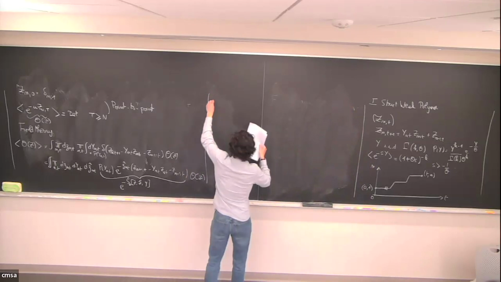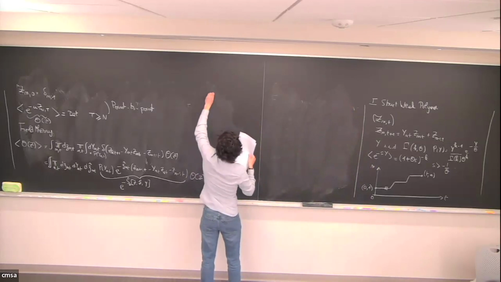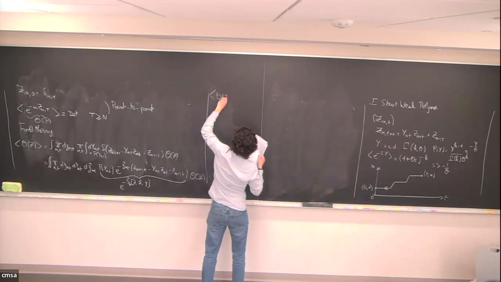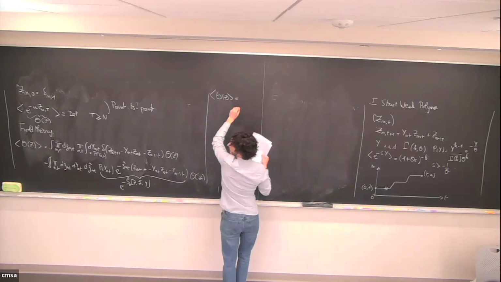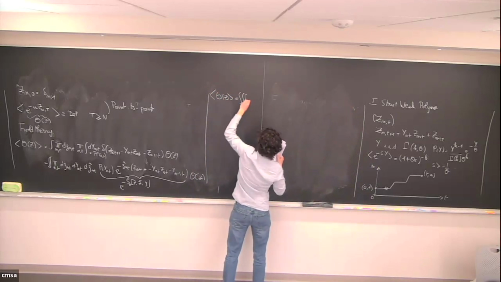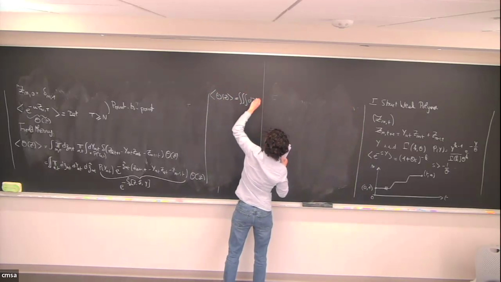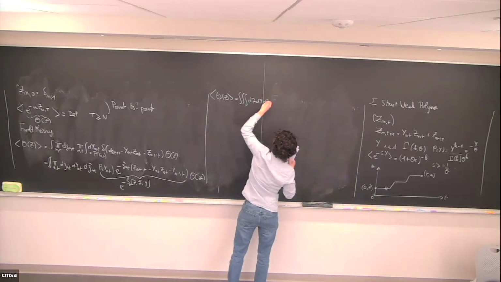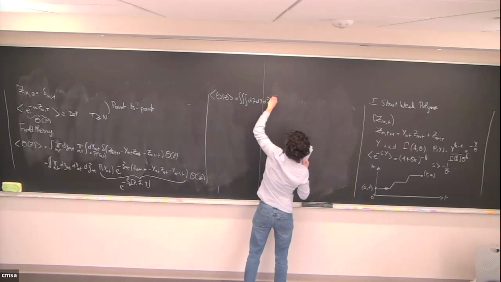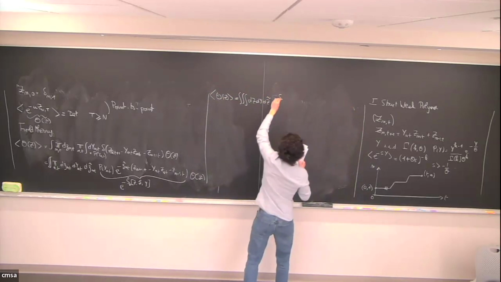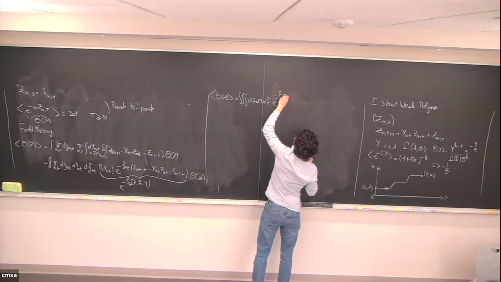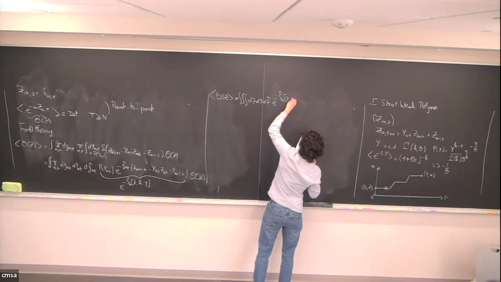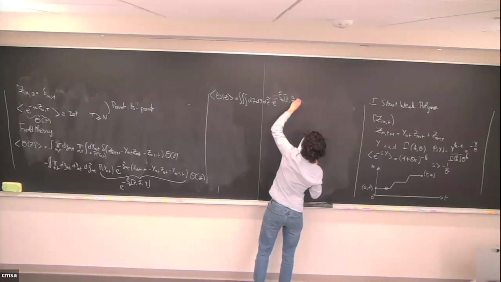So the observable expectation value of z is the triple integral over all my fields that I recombine, dz dy dz tilde, of exponential minus S hat 0 of z tilde and y.